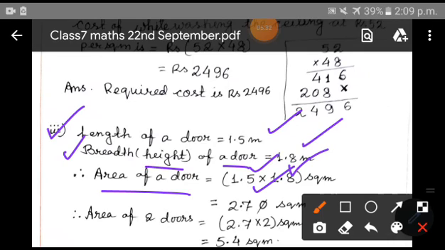This is the area of a single door. Now, since in the question it is said that two doors are present, you will have to multiply this with 2. So after multiplying, you are getting 5.4 square meter.